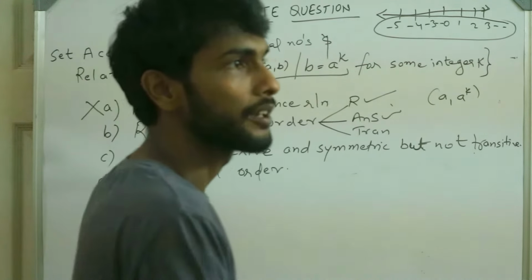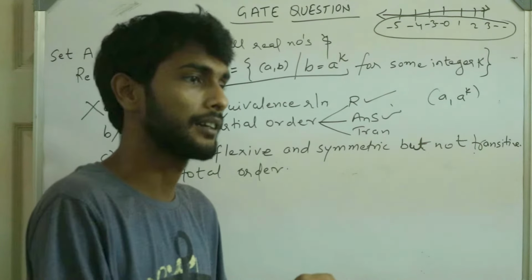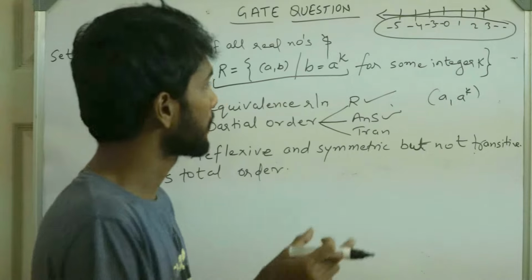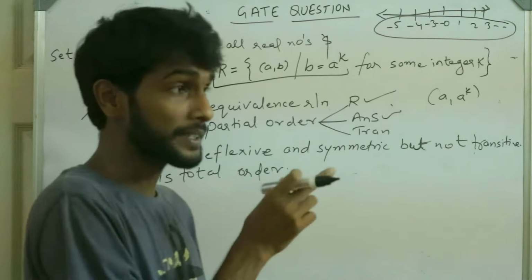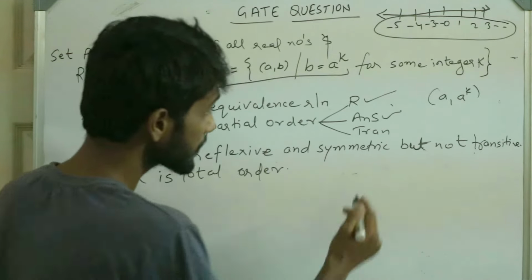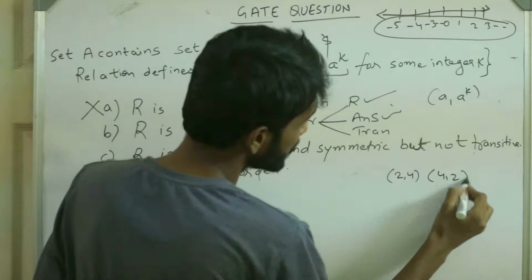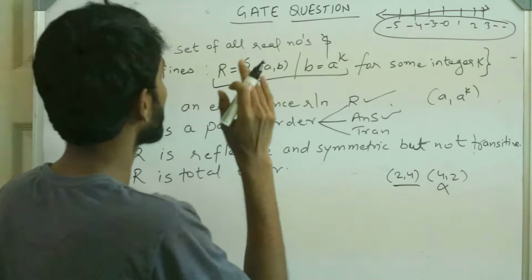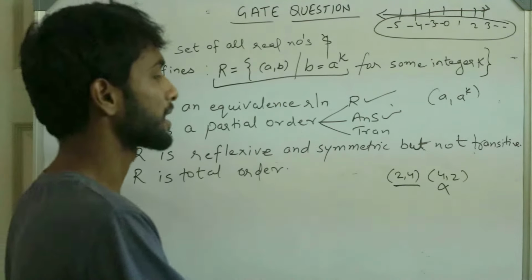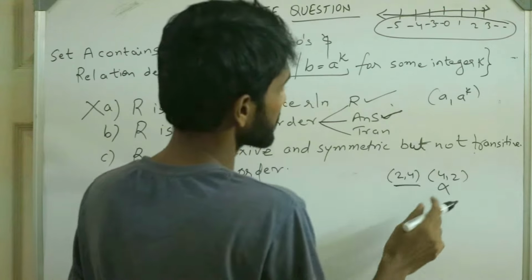For symmetric, if x is related to y, then y related to x should be there. But for anti-symmetric, symmetric ordered pair elements should not be present in the relation. So if (2, 4) is there, then (4, 2) should not be there. It also shows my condition, which I already checked for the equivalence relation, that it is not symmetric. So it is anti-symmetric. Okay.